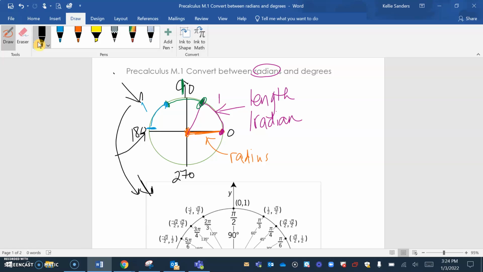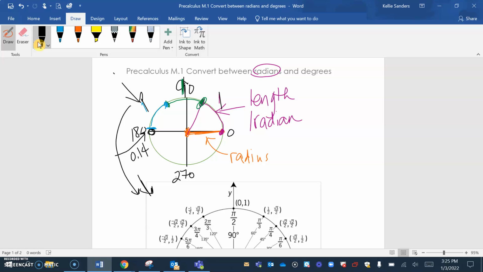And so for half of a circle, we have 1, 2, 3, and this little space right here is 0.14 radians.